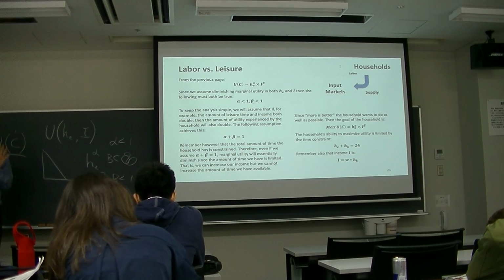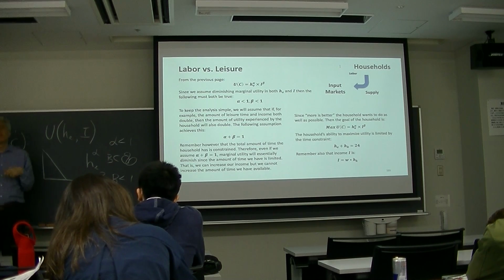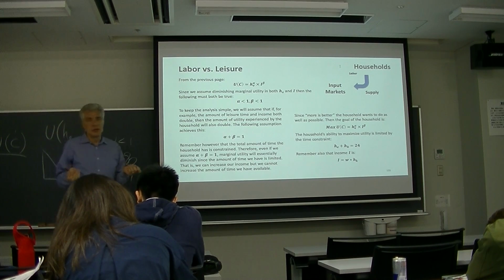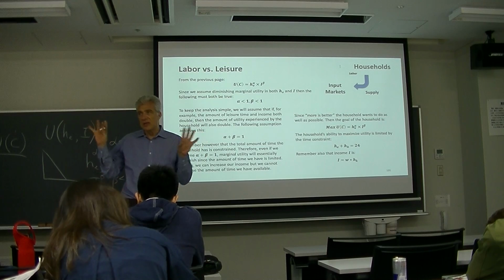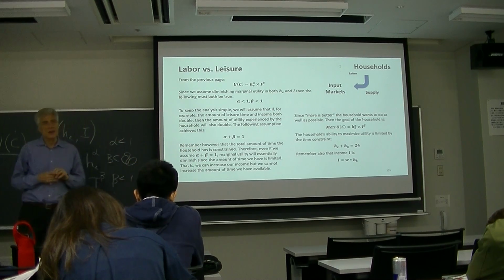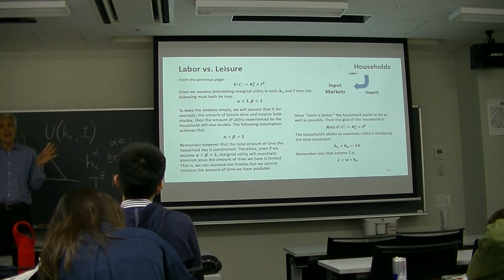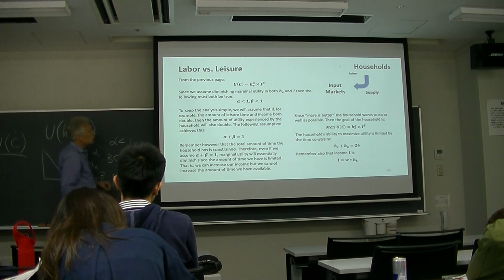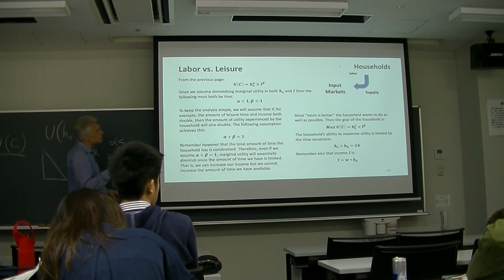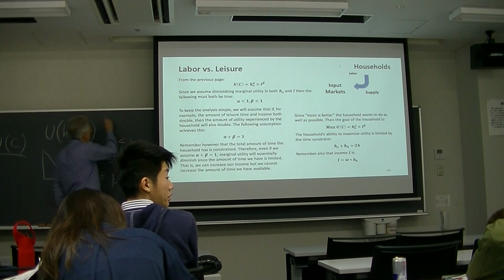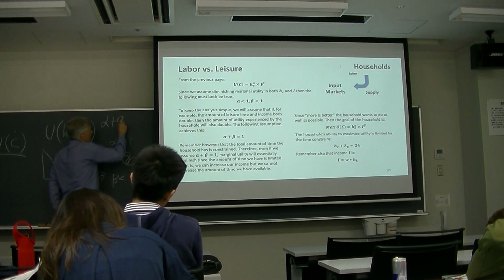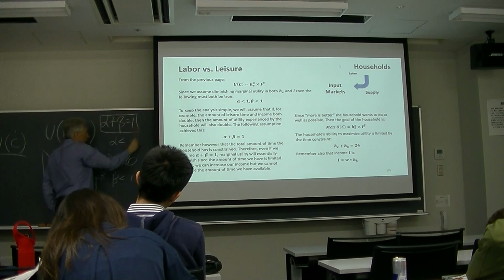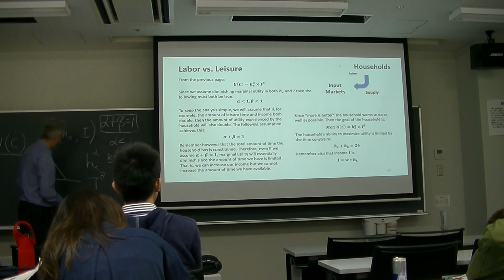Now that may or may not be true. If we have double the time and double the income, that will get double the utility. Now we'll see that there's a certain quality that assumption makes. We'll see that later. I won't go into any detail. We'll just make that assumption now, just to keep it simple. And so what that means is that the amount of utility doubles with the doubling of both leisure and income, so that alpha plus beta equals 1.